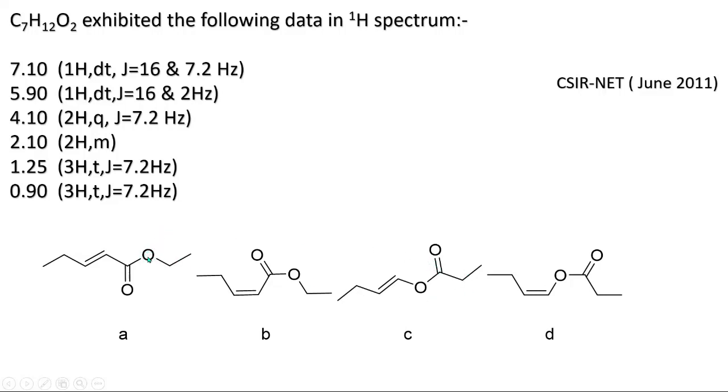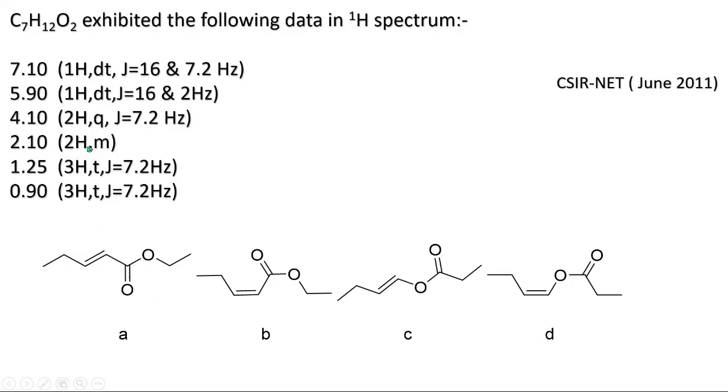You can see the table: whenever a hydrogen is directly attached to a heteroatom, it comes around 4.4 to 4.5, depending upon the electronegativity of the oxygen, nitrogen and so on. So this will be a 2 hydrogen quartet due to the 3 protons. And the 2.10, 2 hydrogen multiplet, will be this 2 hydrogen.